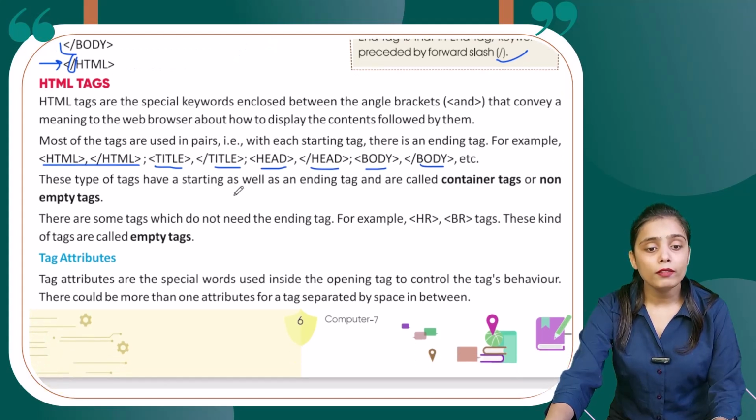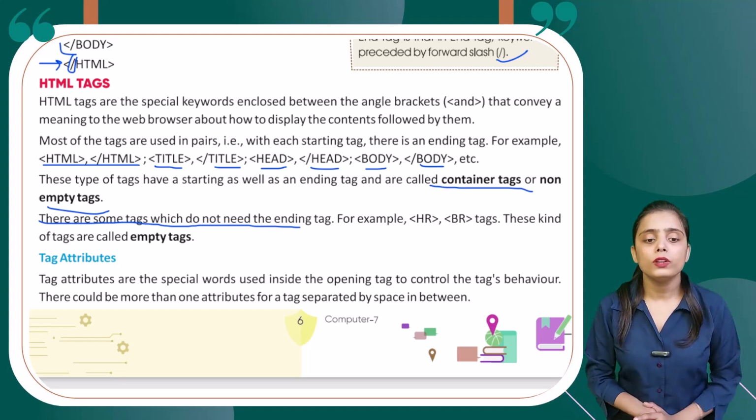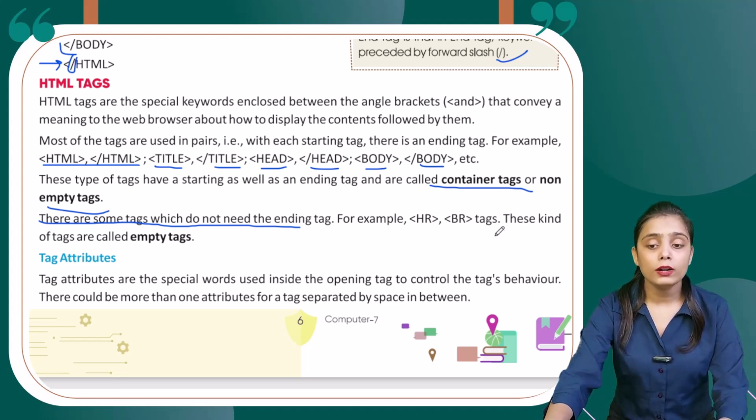These types of tags, having a starting as well as an ending tag, are called container tags or non-empty tags. Okay, there are some tags which do not need the ending tag; they are called self-closing tags. And these kinds of tags are called empty tags.